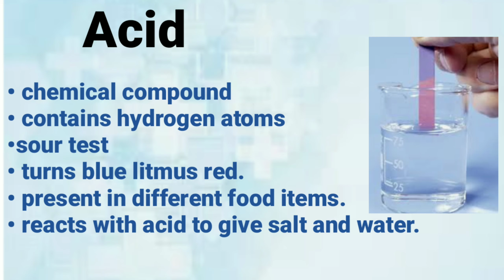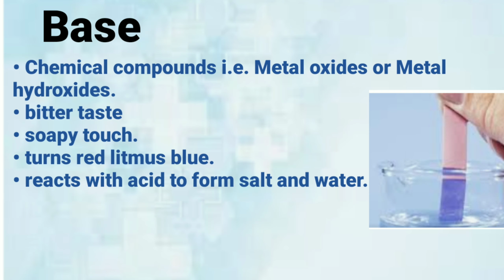Many food items have different tastes due to the presence of acid. The next class of compound is base, that is bitter in taste, its aqueous solution gives a soapy feel, it reacts with acid to give salt and water, and turns red litmus paper blue.